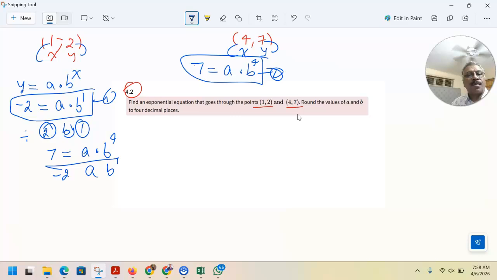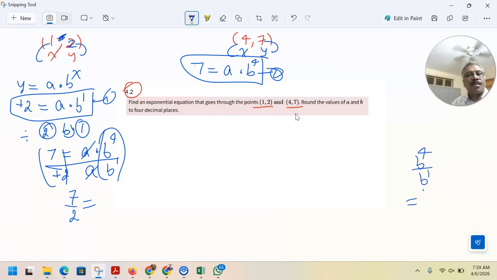So you get 7 over 2. Cross out the a. And this will be b raised to 4 over b raised to 1.